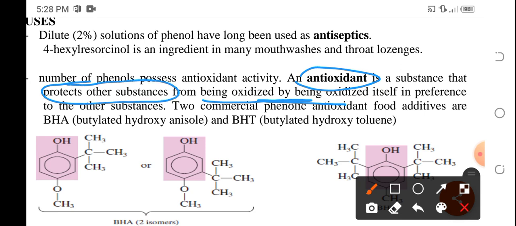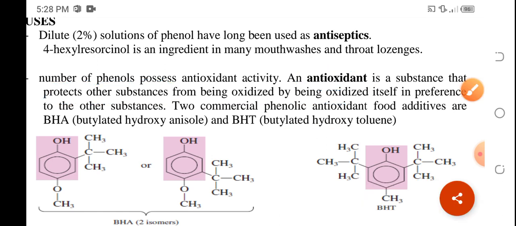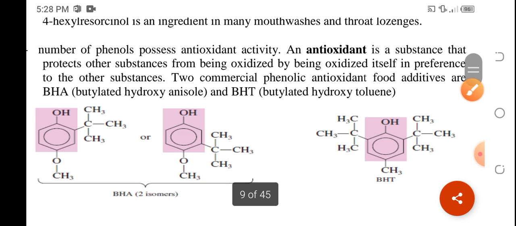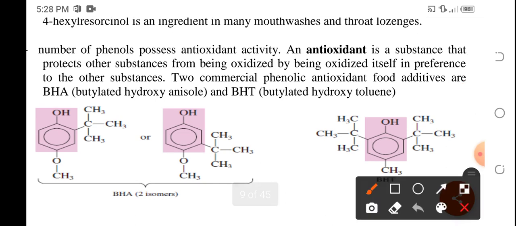Okay, and there are 2 commercial antioxidants, and they are the BHA or butylated hydroxyanisole and BHT, butylated hydroxytoluene. So these are the synthetic antioxidants. Let us repeat, when we say antioxidants, they don't resist oxidation. Rather, they are the first ones to be oxidized so as to protect the other substances.